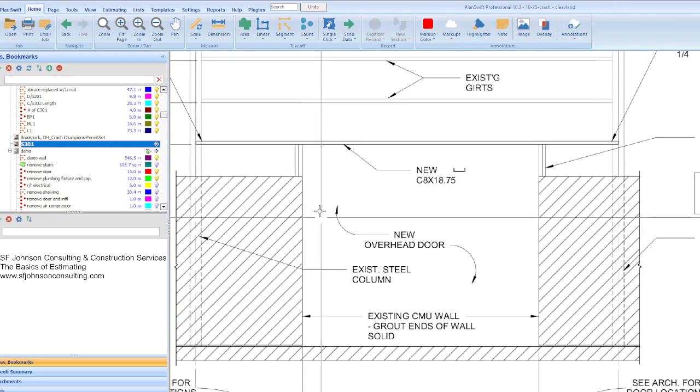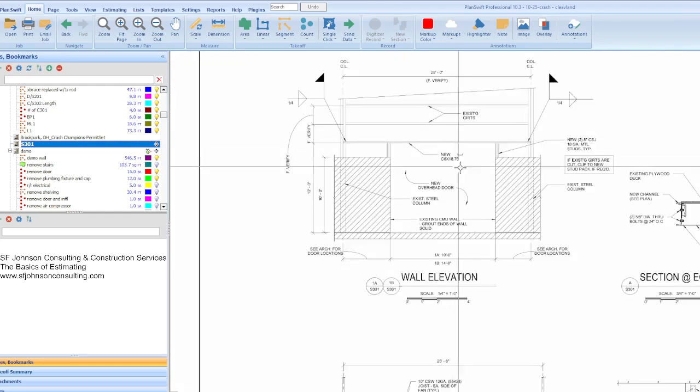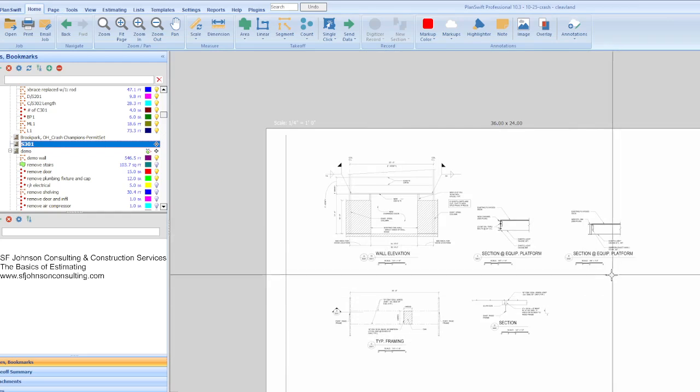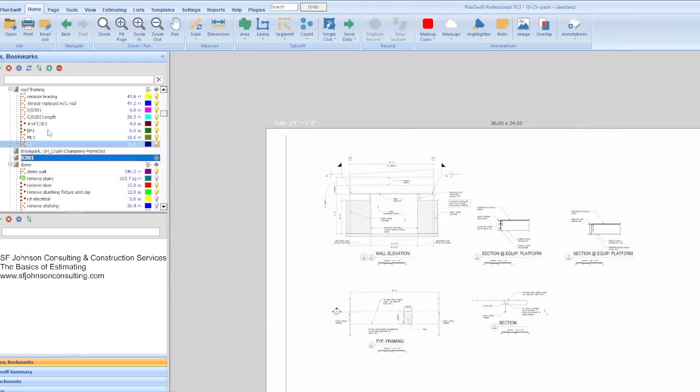So we had to include these on both sides and a new beam and the connectors. And then in the demo portion, if you saw the demo, we already accounted for putting a hole in the exterior wall.